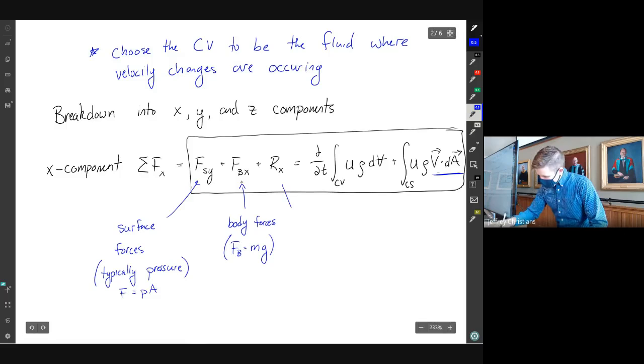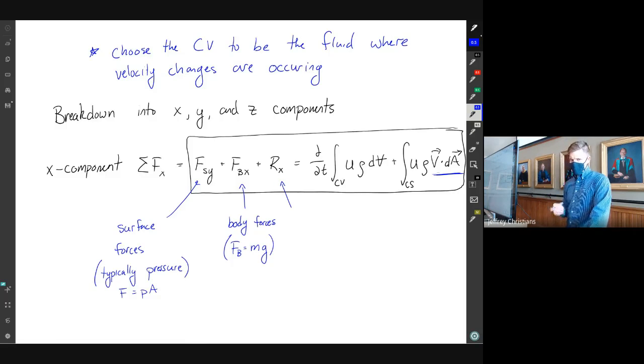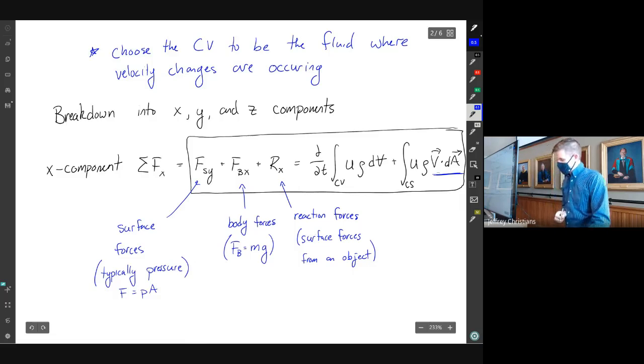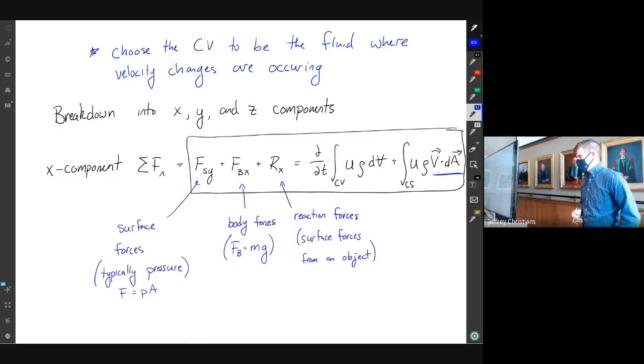And then these are kind of the strange ones of the group. In our book, we'll call them reaction forces. They are surface forces as the result of some object acting on the fluid.